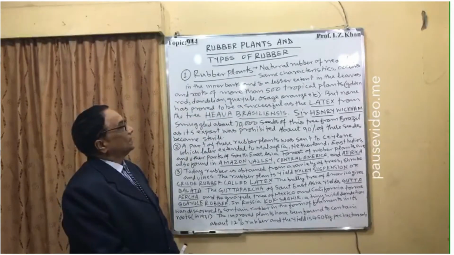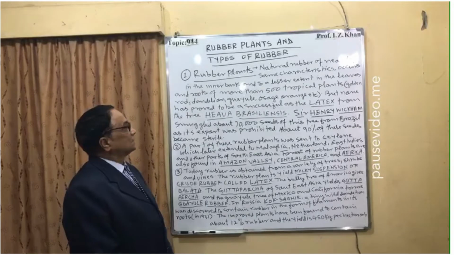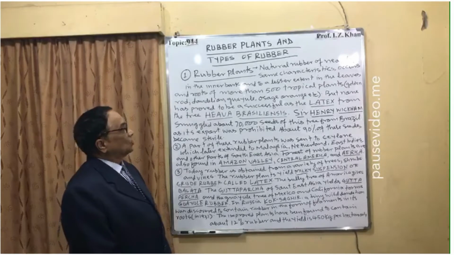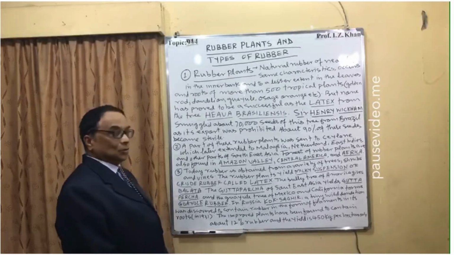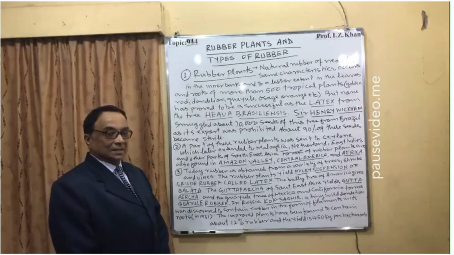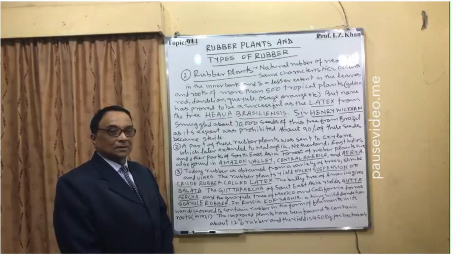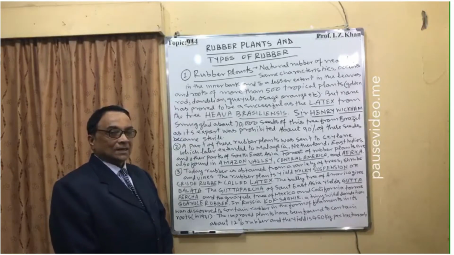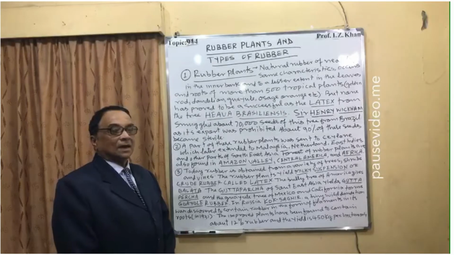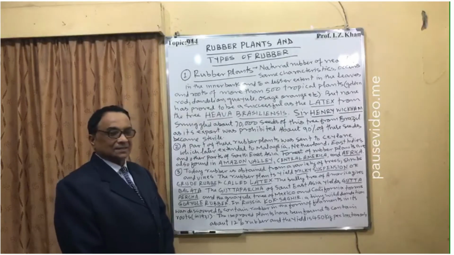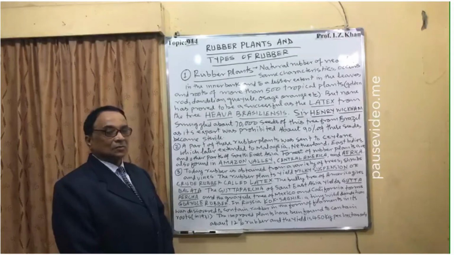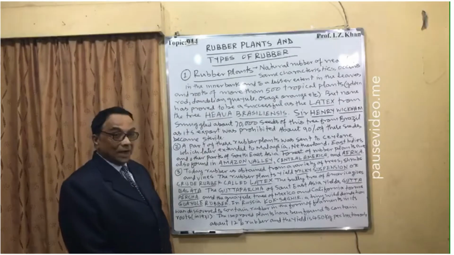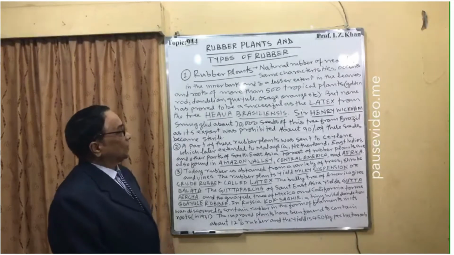So here, number one, rubber plants. Natural rubber of some characteristics occurs in the inner bark, and to a lesser extent in the leaves and roots. So actually the latex, the main rubber milky liquid, is found in the inner part of the bark, and in a very small amount it is found in leaves and roots of more than 500 tropical plants.